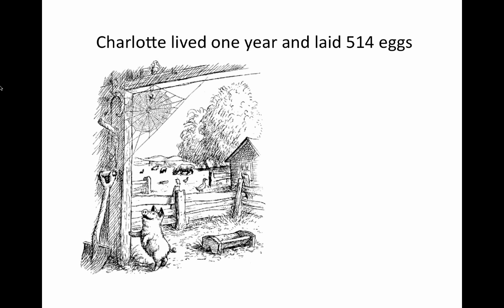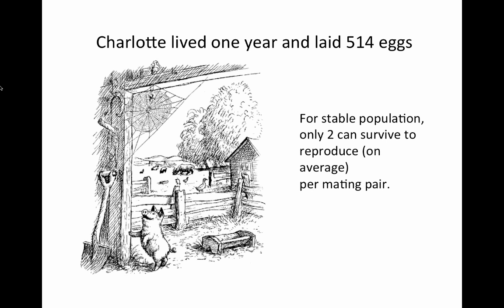We can see this also rather dramatically if you remember the story of Charlotte's Web. In the end, Charlotte lived 1 year, and she laid 514 eggs. If every spider did this every year, replaced themselves and their mate with 514 eggs, the spider populations would be absolutely out of control. So only 2, on average, can survive to reproduce per mating pair.